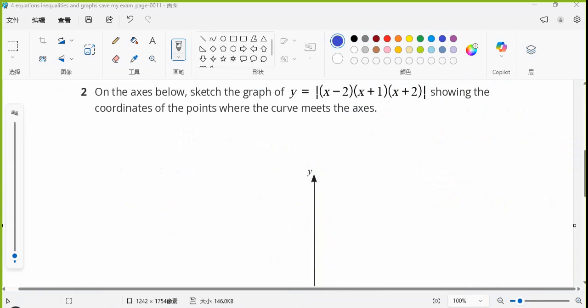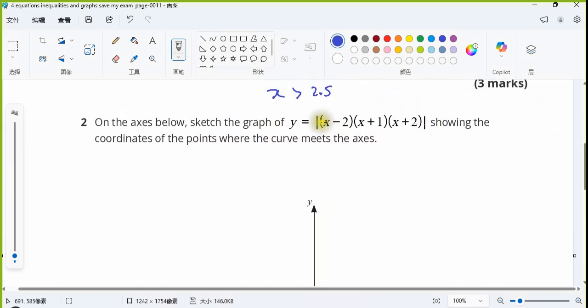Question number 2. On the axis below, sketch the graph of the modulus, showing the coordinates of the points where the curve meets the axes. We have positive x cubed, so y equals x cubed plus something, and the graph will be like this, upward.